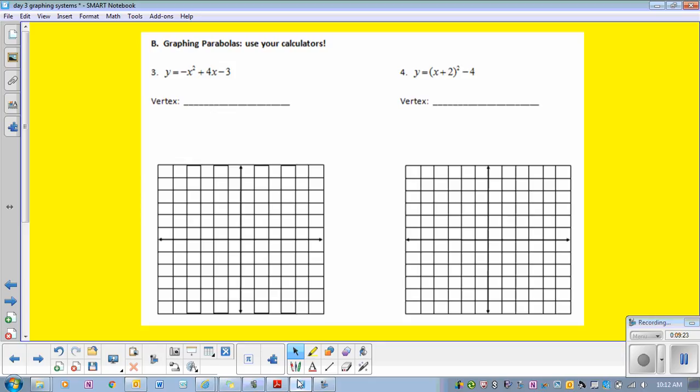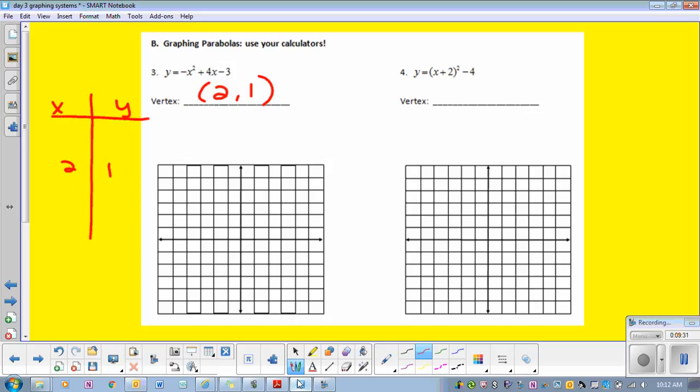So we have 2, 1 as our vertex, and let's make a little table. 2, 1. Okay.